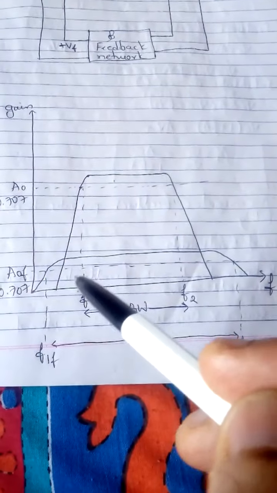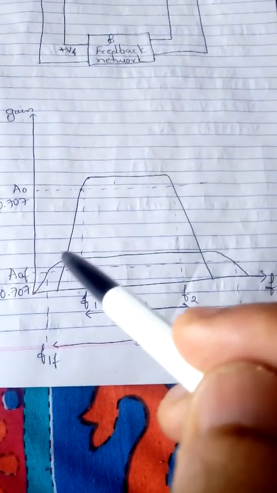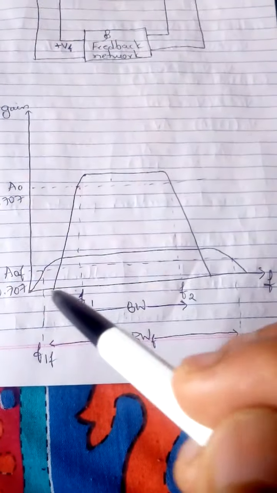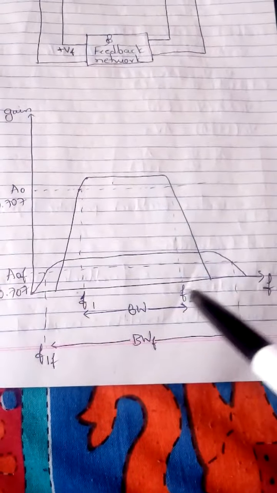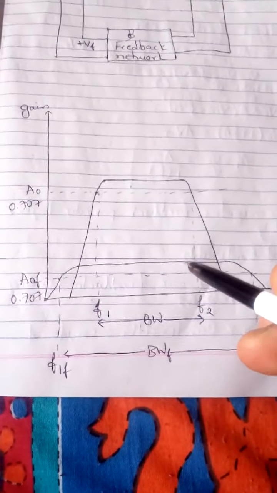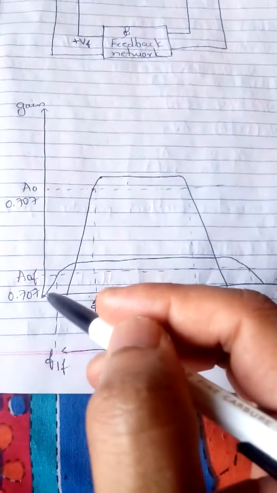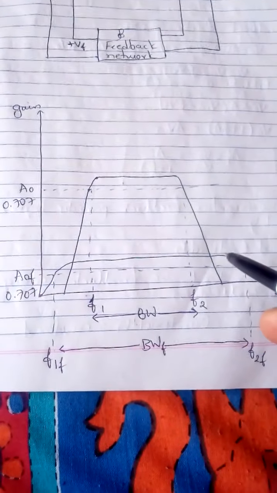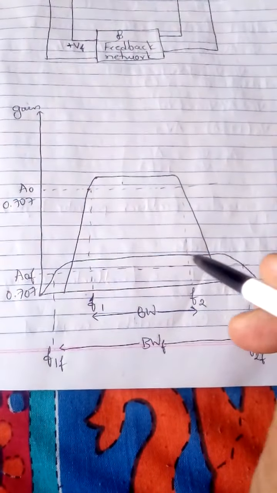But if I take the bandwidth from the first curve, it is a bit less compared to the second one. So what happens is, with the feedback network we will have control over the gain. This second curve indicates the gain obtained after the feedback.